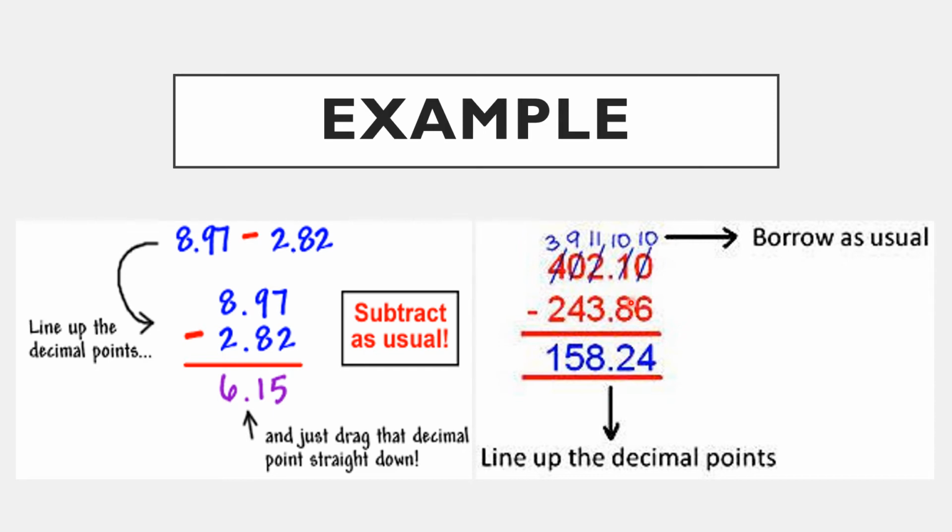Just take down the decimal point here. Then 11 minus 3 is 8, 9 minus 4 is 5, and 3 minus 2 is 1. So the answer is 158, and take down the decimal point, 24.